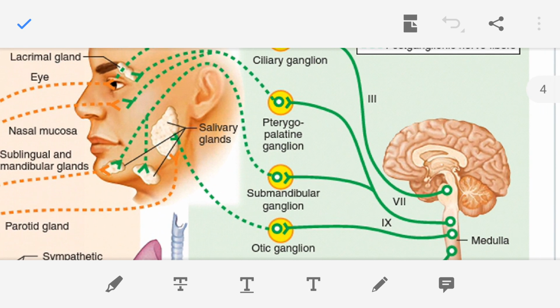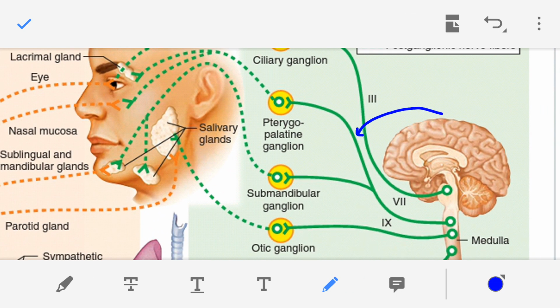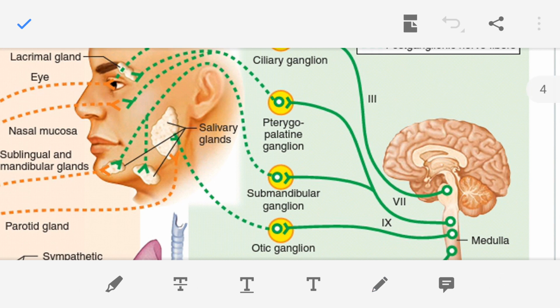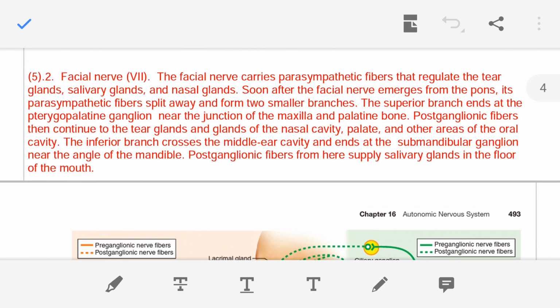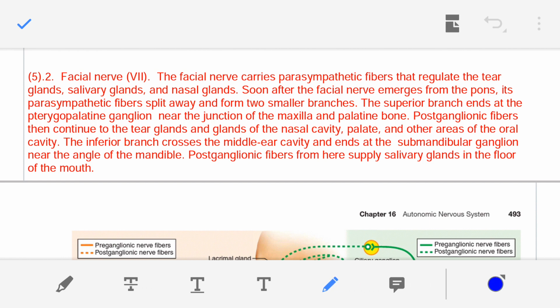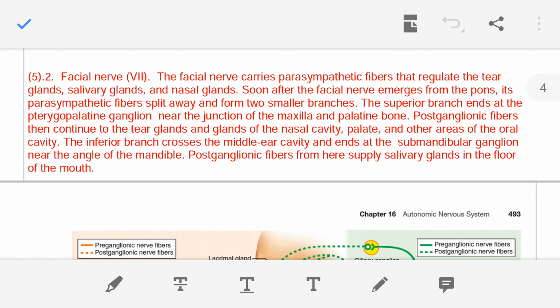So this is the superior branch, ending at the pterygopalatine ganglion. And where is this pterygopalatine ganglion present? It is present near the junction of the maxilla and palatine bone.